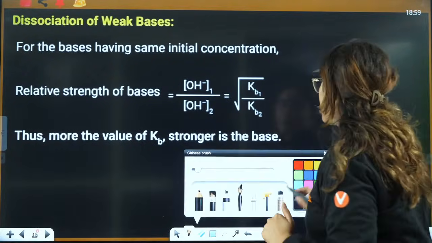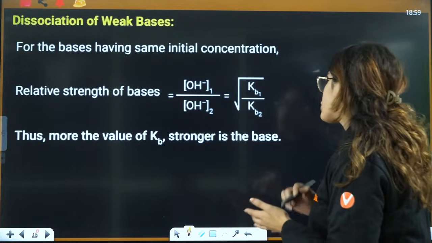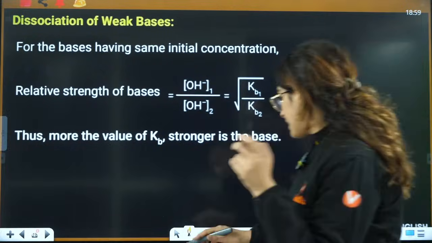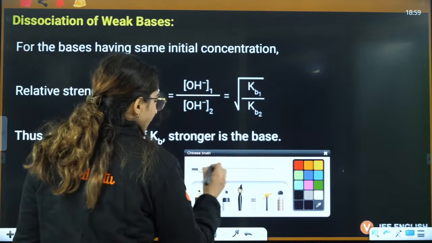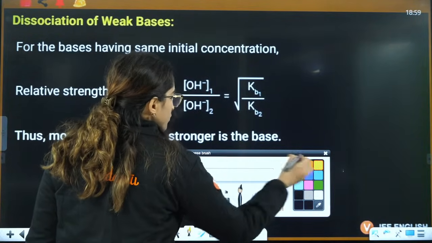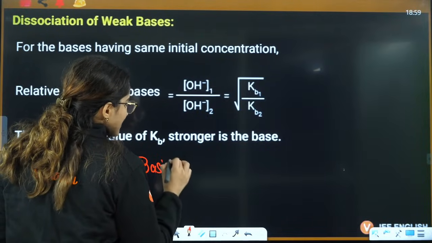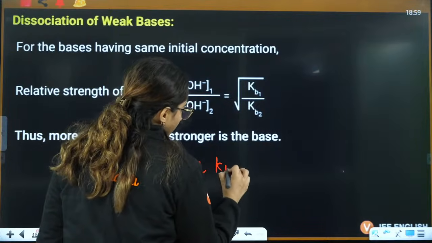That means we can say that more the value of Kb, stronger is the base. This generalization we can say that basicity and Kb value are directly proportional to each other. Just like acidity, basicity is directly proportional to Kb.